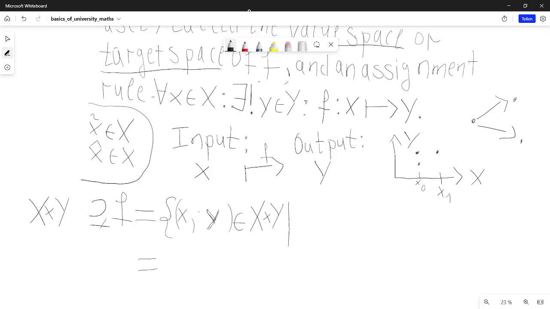For each x, it contains a pair with only one y in Y. But how do we describe that if we really say, well, that such elements of X cross Y that, well, we have to refer to all of them at once, right?